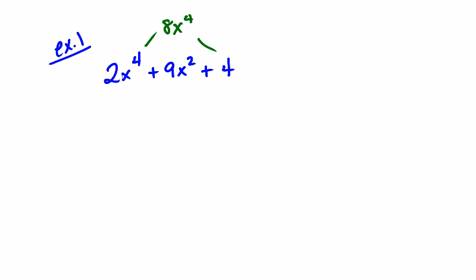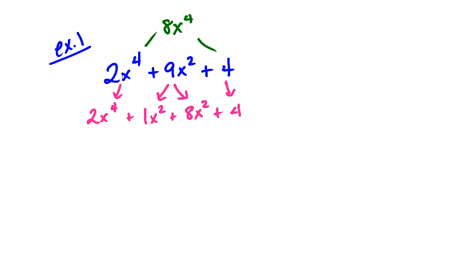And so you'd say what multiplies to 8 and adds to 9? The two numbers that multiply to 8 and add to 9 are 8 and 1. It doesn't matter what order you put them in, so I'll put them in as 1, but you've got to put an x squared with it, plus 8x squared, and you keep the first one the same, 2x to the fourth, and you keep the last one the same, plus 4.